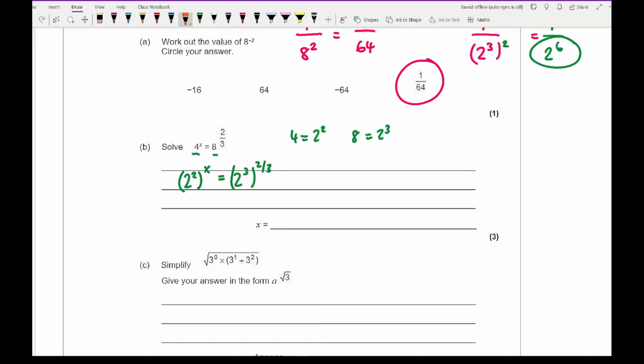Then multiplying the brackets, I get 2 to the power of 2x equals 2 to the power of, well, 3 times 2 is 6, 1 times 3 is 3, so 6 over 3, which is 2. So from this equation, 2x must equal 2, so therefore x equals 1.